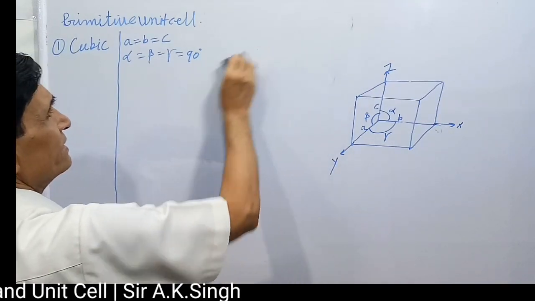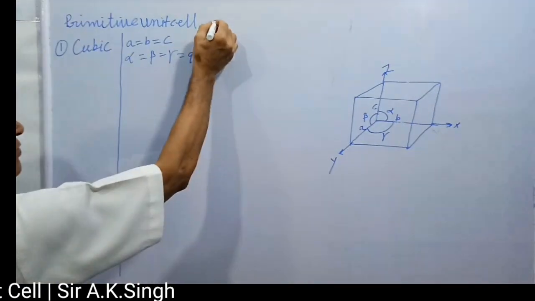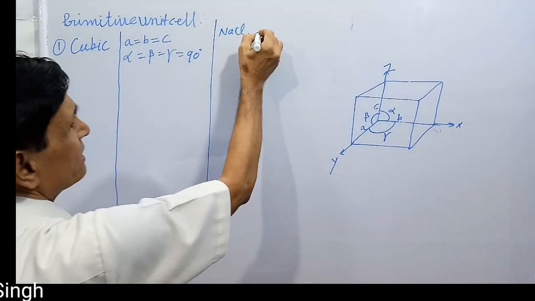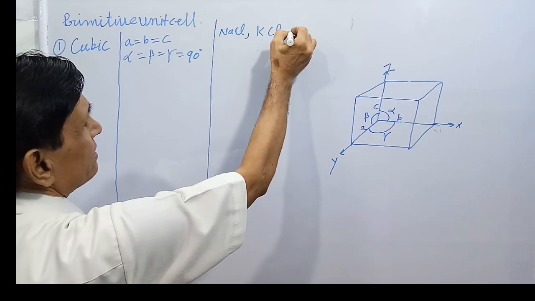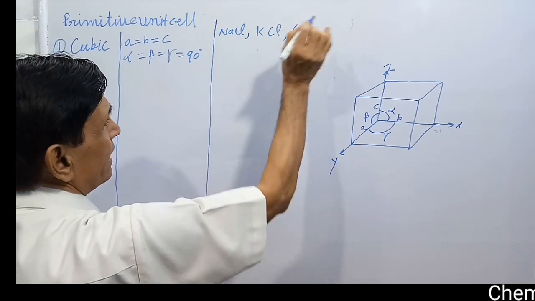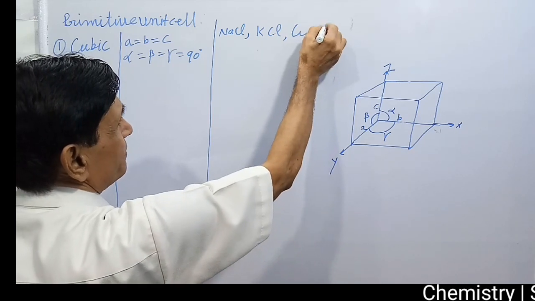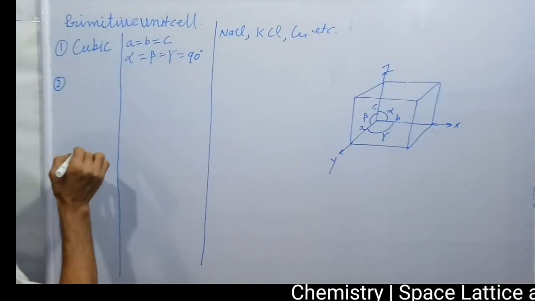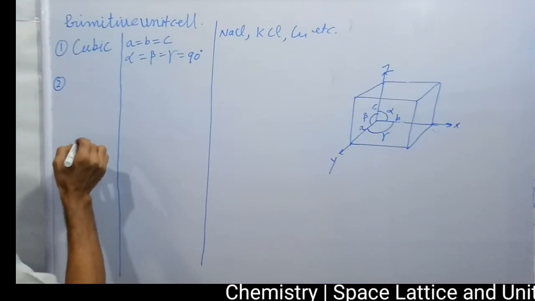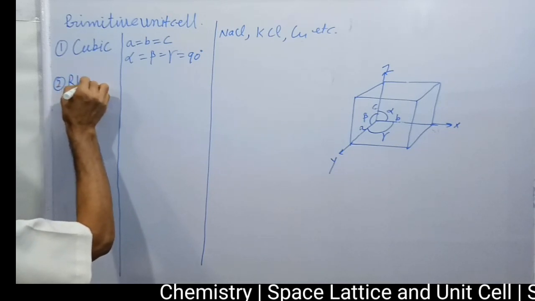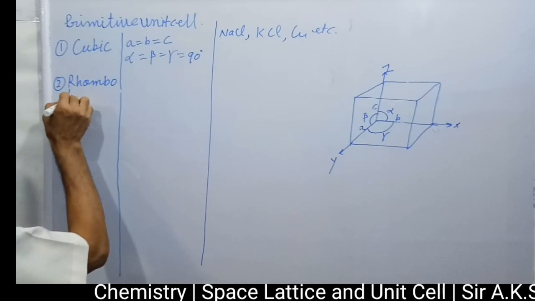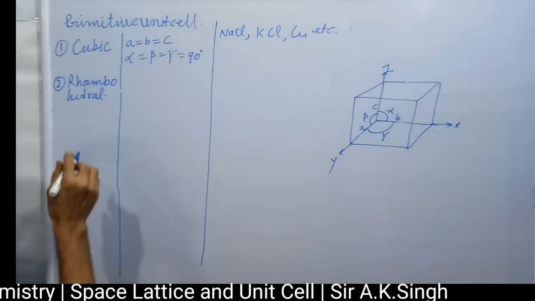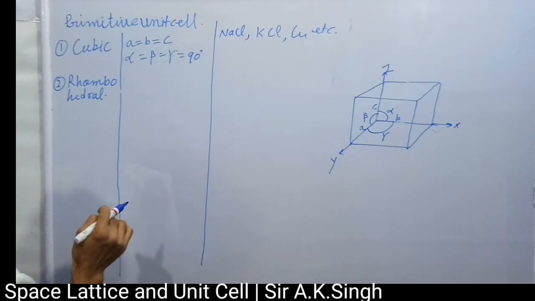Some examples of cubic unit cell are NaCl, KCl, copper, and many more. Now the second one is the rhombohedral or rhombic primitive unit cell.